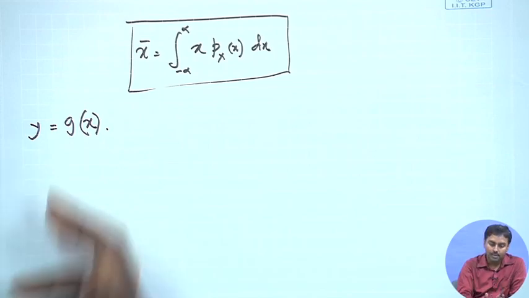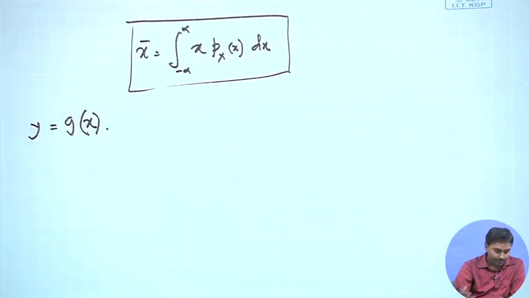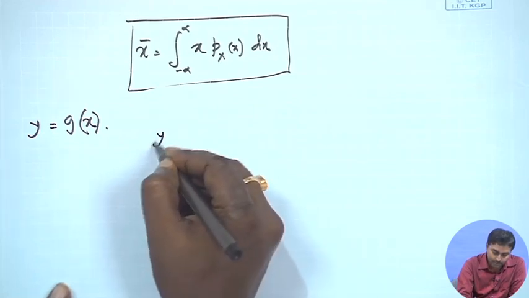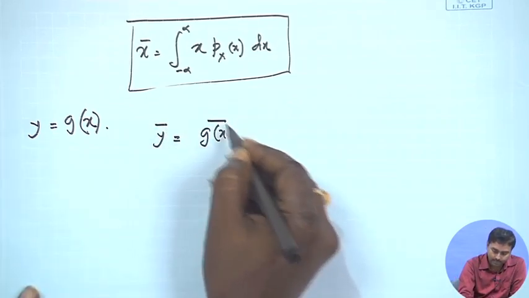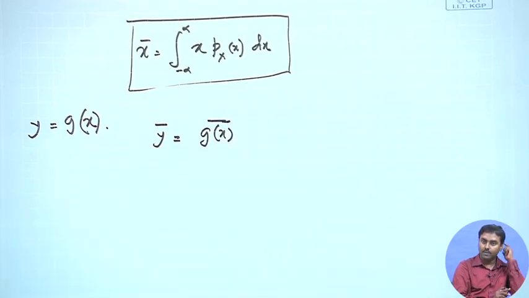So, I need to evaluate the mean of that. So, what happens if I wish to calculate y bar? That should be just this g(x) bar. Okay. So, whenever there is an x happening, to calculate the average I was multiplying x with its associated probability. Now this x will change to g(x), right. The associated PDF is still on x.